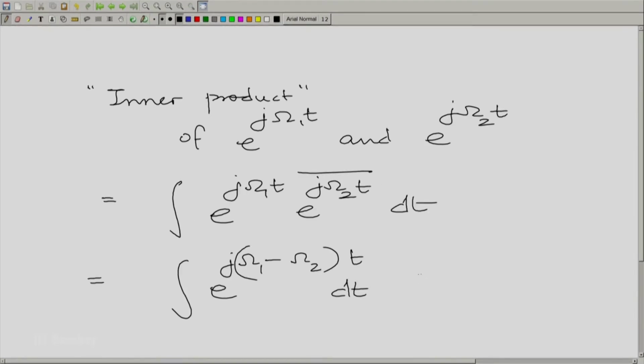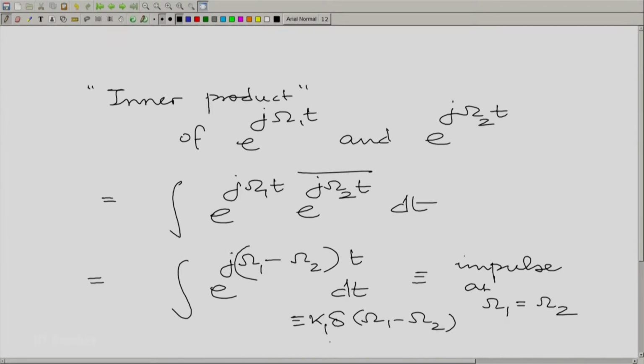And in fact, this would essentially be an impulse, or you could write it as delta of omega 1 minus omega 2 times some constant. Let us call it kappa 1, a constant. Let us not bother too much about the constant, but the idea is that you have an impulse.